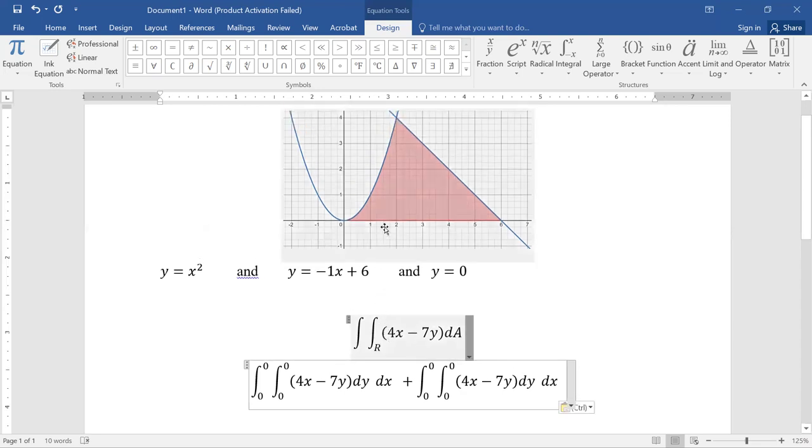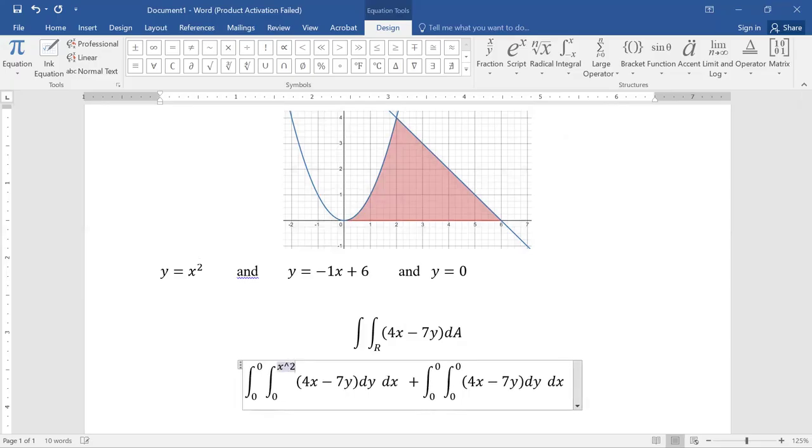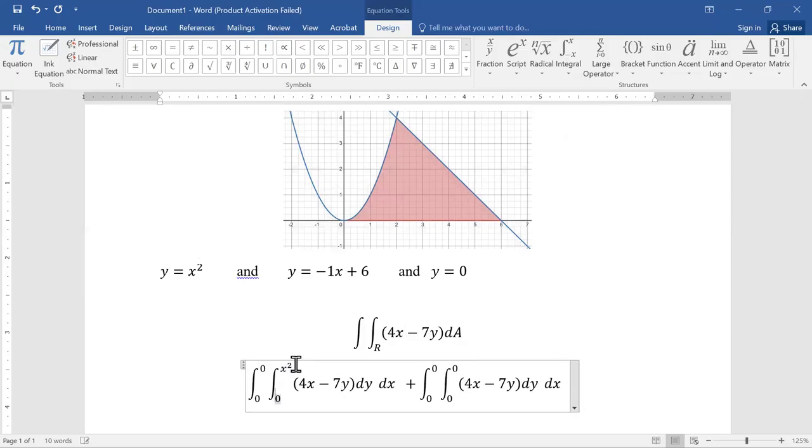Now on this first R1, with respect to y, we're starting at y equals 0, and we're going up to y equals x squared. The x value on that first region goes from 0 to 2.